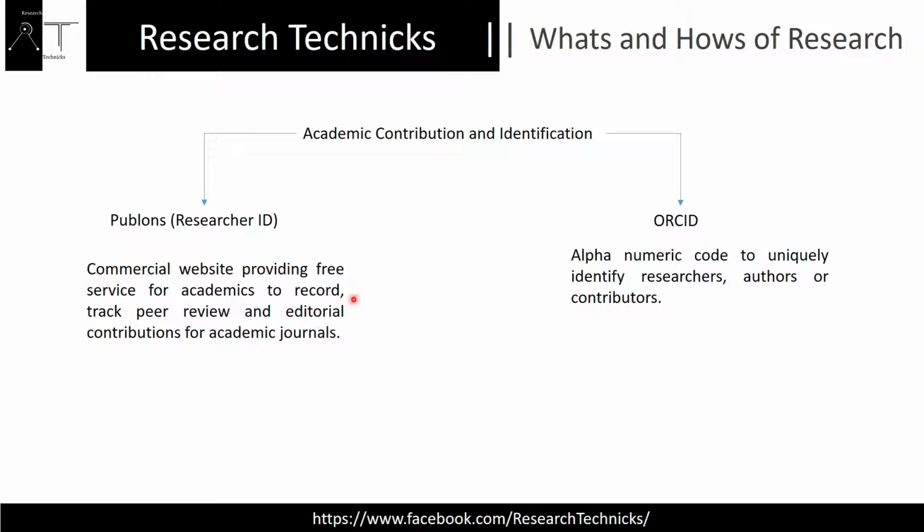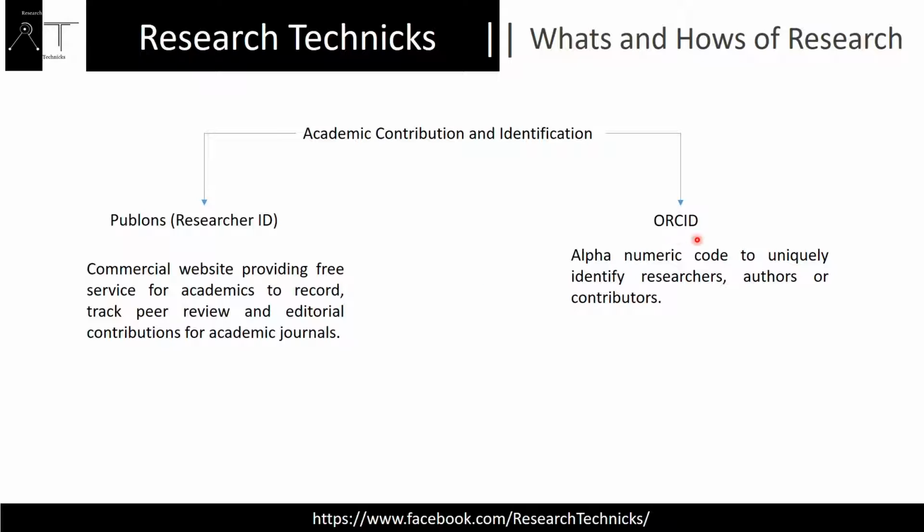All those records you can keep under one ID. So if anyone wants to know your contribution towards your academic field, you can easily give them your researcher ID, your Publons ID, and through that they can easily view your profile. What the benefits are, I will tell you later.